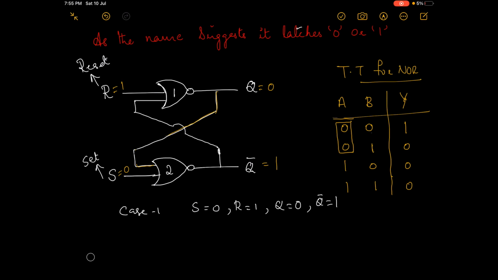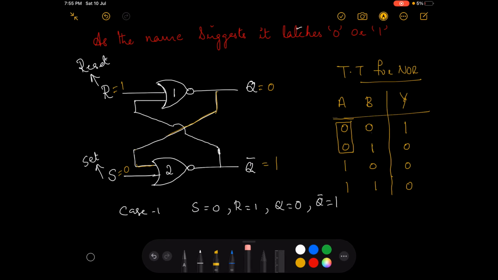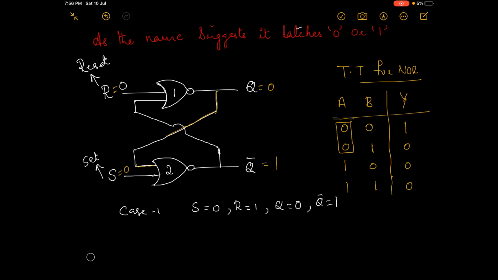For that, I am going to remove the values in R. I will make this 0, instead of 1. That is, I am going to remove the inputs from both the inputs, that is R and S. That's why I have changed R equal to 1 to R equal to 0, and the output remains the same.